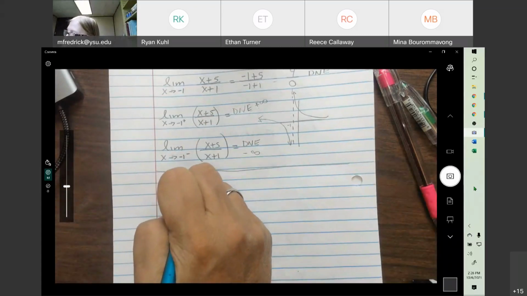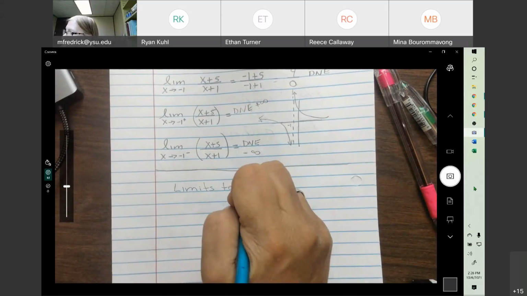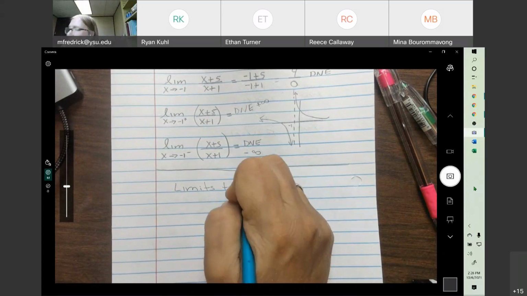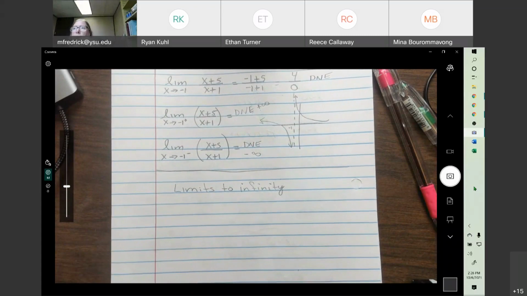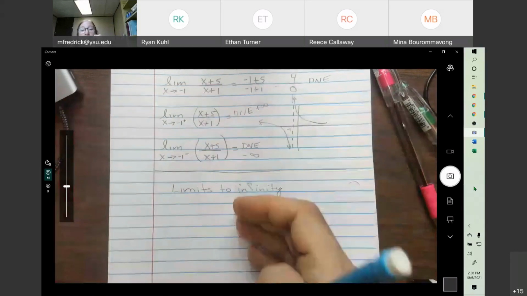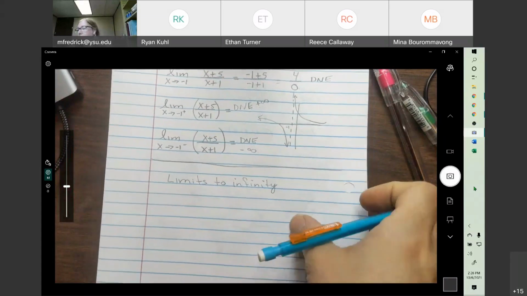The next ones we look at are limits to infinity. Finding limits to infinity is similar to finding the horizontal asymptote, which we haven't really covered yet. But if you remember your rules from here, it will help when we find horizontal asymptotes.